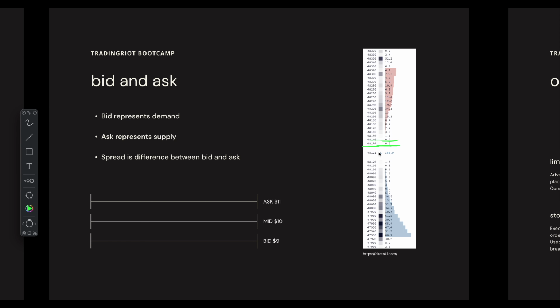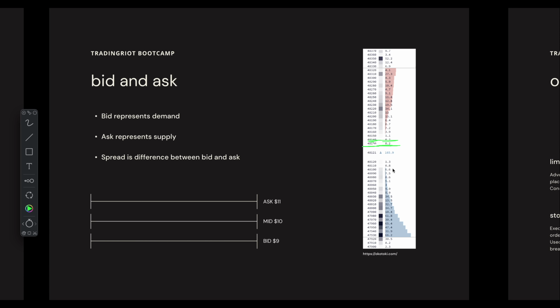So if the market has to move these 10 prices higher to 48,140, someone has to take the aggression and buy these 0.2 bitcoins.